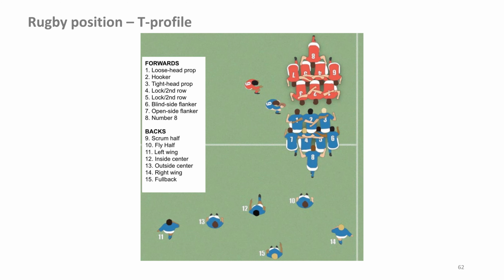Rugby is a team sport that requires all 15 players to participate in both offense and defense. Thus, all rugby players must learn the basic skills of catching and passing the ball, running with the ball, tackling, and rucking.